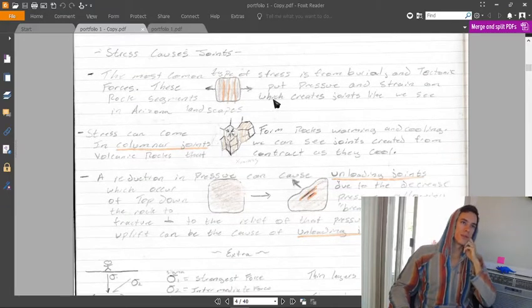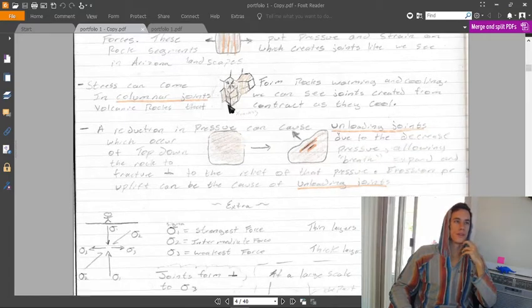Stress causes joints. The most common type of stress is from burial and tectonic forces. These put pressure and strain on rock segments, which creates joints like we see in Arizona landscapes. These are a special kind of joint called columnar joints, which is like columns that a lot of basalt lavas take when they cool rapidly.